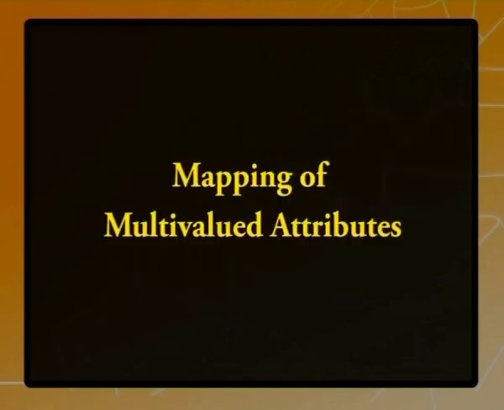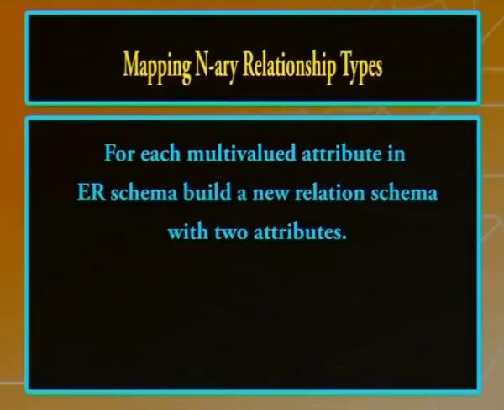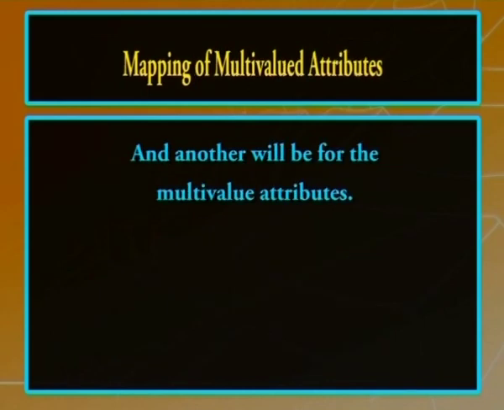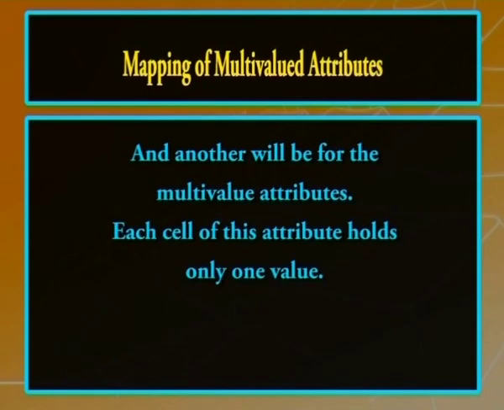Sixth rule is mapping of multi-valued attributes. For each multi-valued attribute in an ER schema, build a new relation schema with two attributes. One will be for the primary key of the entity type that has the multi-valued attribute, and another will be for the multi-valued attribute.